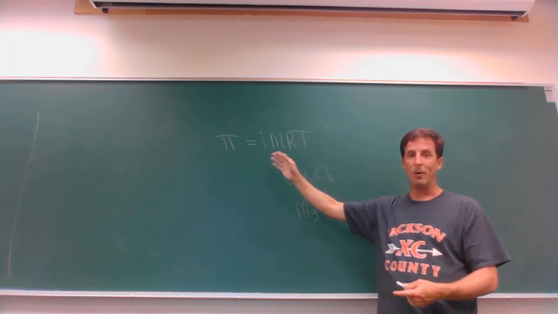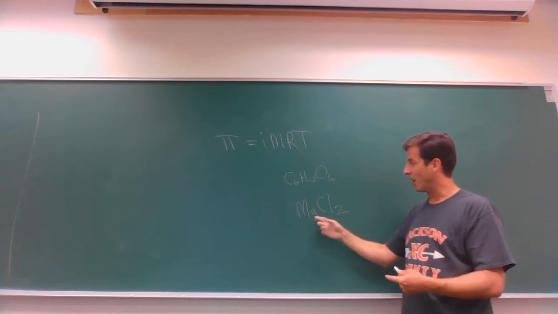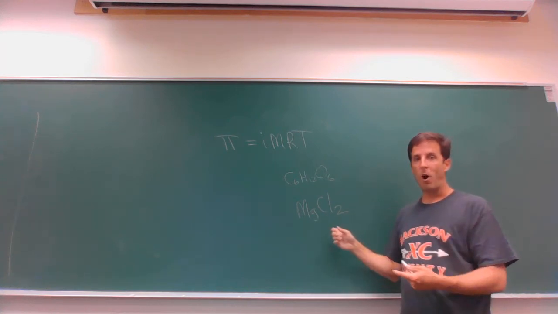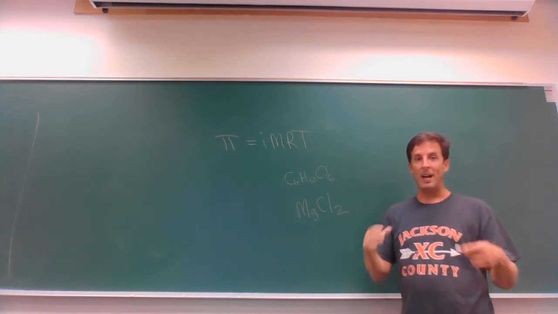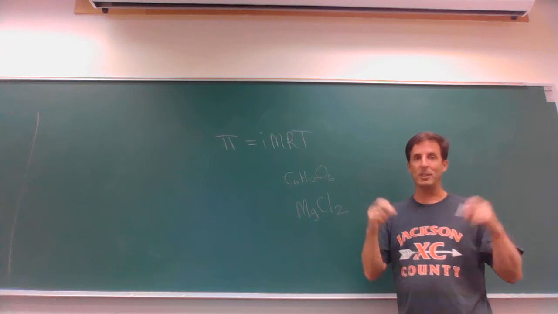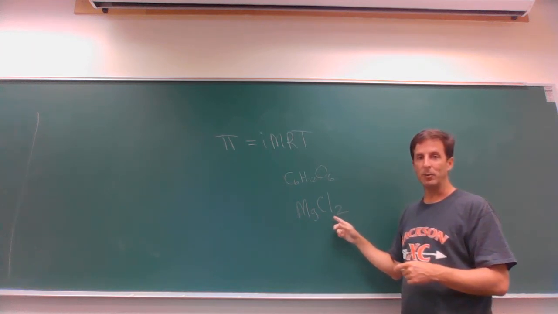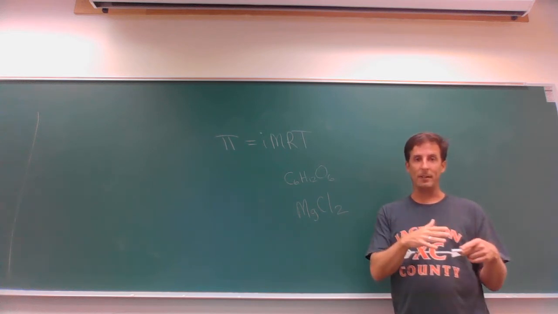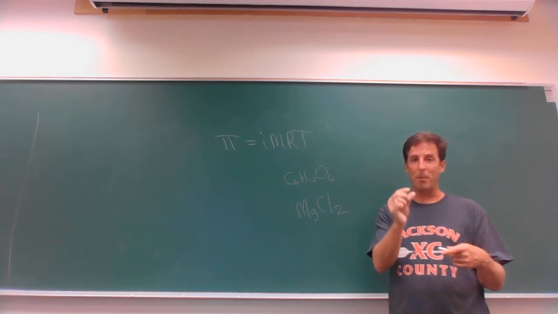Now, we are making some assumptions when that happens. If I dissolve MgCl2 in water, we're assuming that all the ions break apart every single time. That assumption is like an ideal situation. So when we say the Van Hoff factor for MgCl2 equals 3, that's called the ideal Van Hoff factor. It's pretty close to what happens in reality, but maybe not perfect.